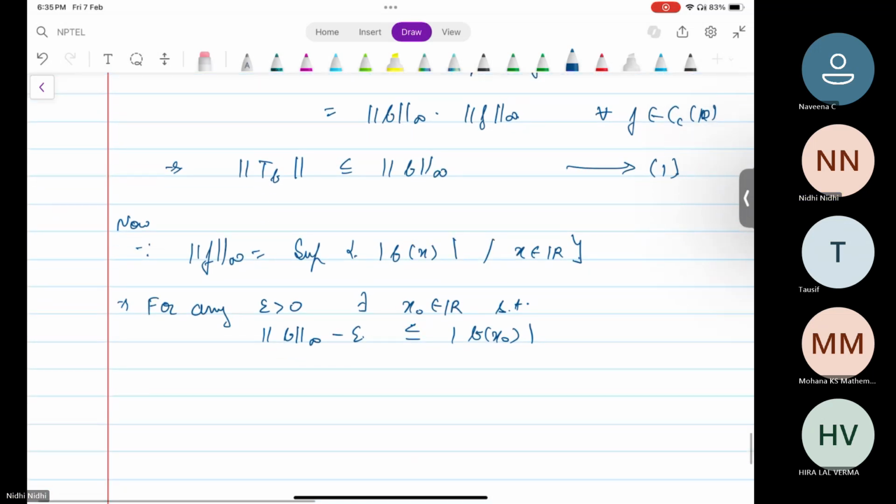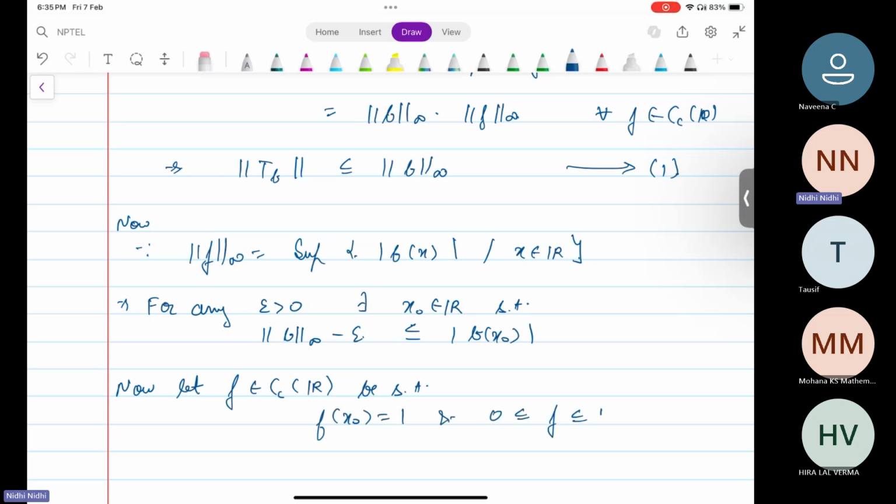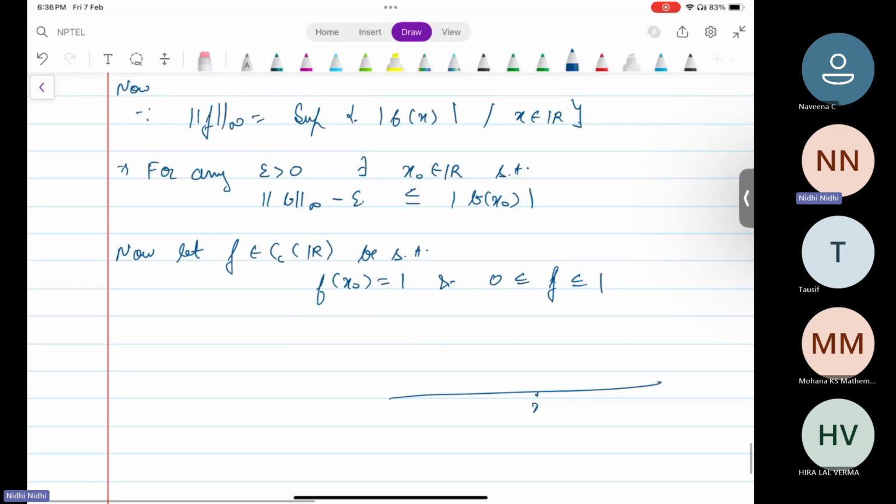Okay. So now let f belonging to C_c(R) be such that it is equal to 1 at x naught and its value is less than or equal to 1. Clearly, we can find such a function. Suppose we have x naught here.